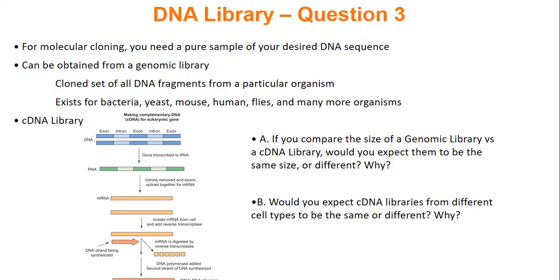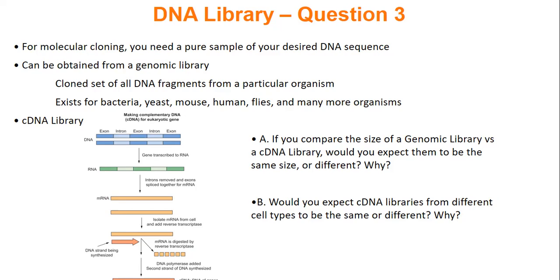You can Google yeast DNA library or human DNA library and go and order the DNA sequence of any protein that you want. So one of the ways that you can get DNA of a protein you want to study is just to buy it from a DNA library.